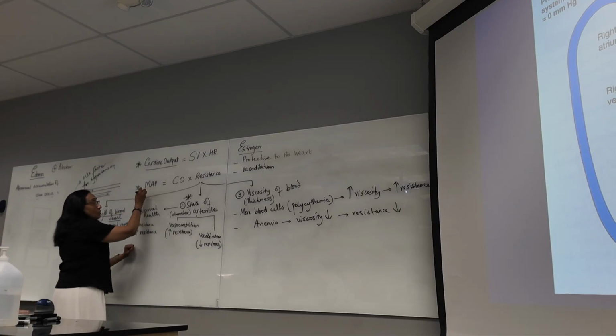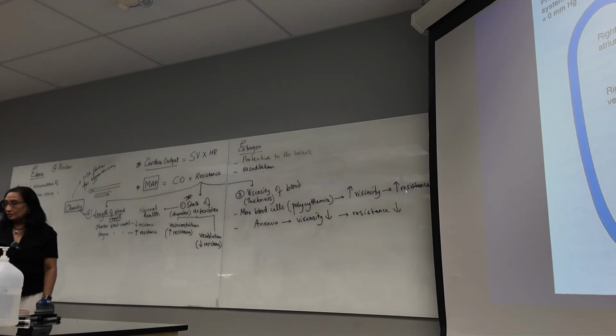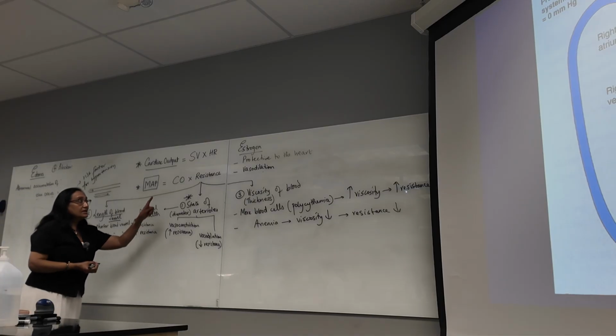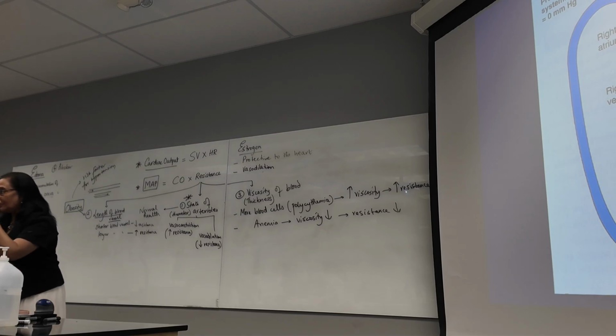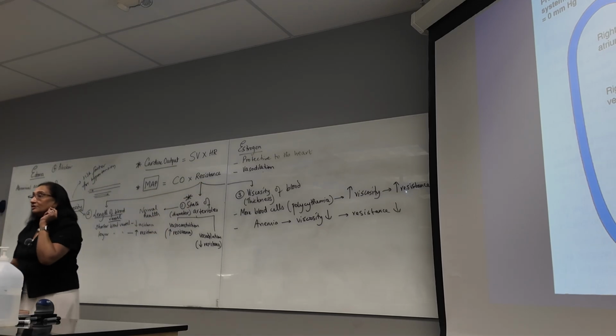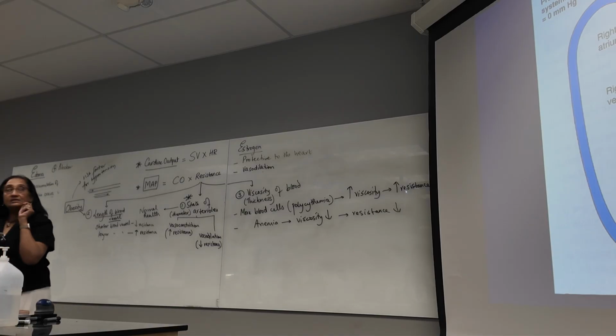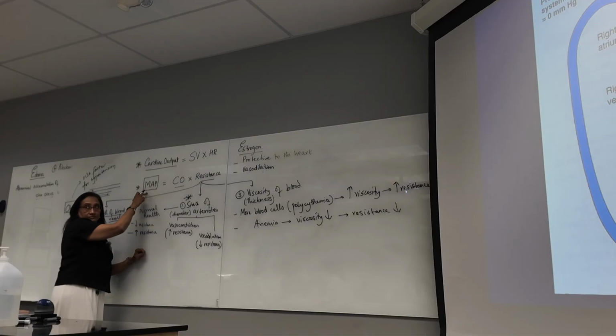So what affects your mean arterial blood pressure on a day-to-day basis, on a second-to-second or minute-to-minute basis, is the amount of blood that is pumped by your left ventricle every minute, and the state of the blood vessels. These are the two things which will affect your blood pressure.